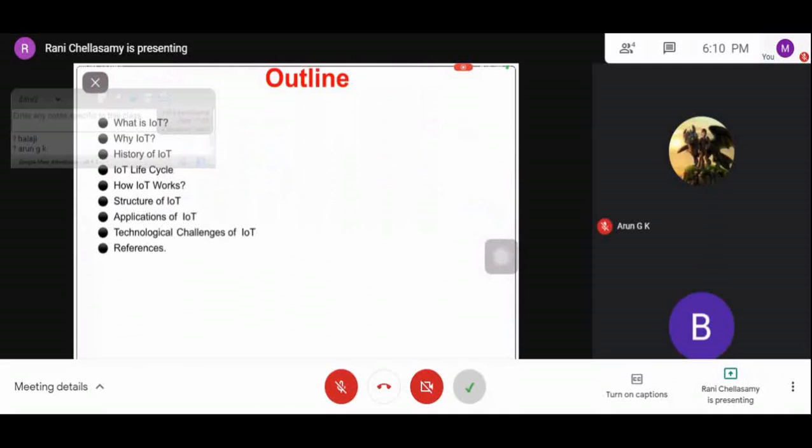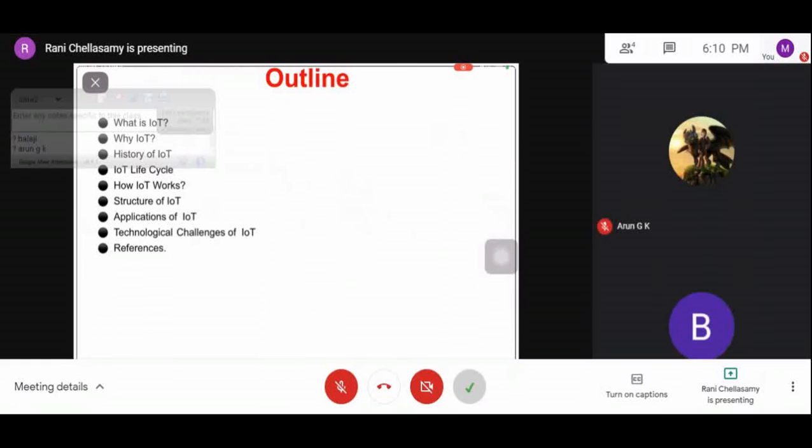First, we'll see what is meant by IoT, that is Internet of Things, and why we need IoT. So, what is the need for IoT? Let's begin with the history of when the IoT emerged into the picture.